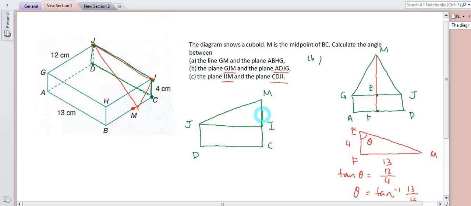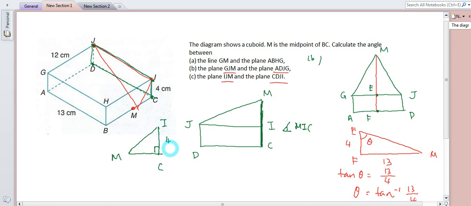Can you see a straight line which is perpendicular to the line of intersection IJ? Here is the straight line, right? So it means that we want the angle MIC. I draw a right angle triangle first.